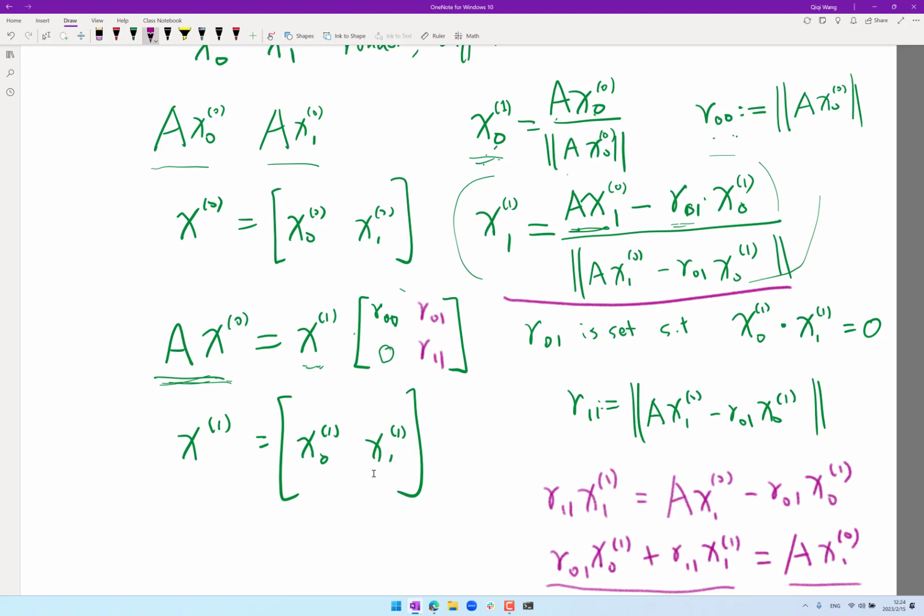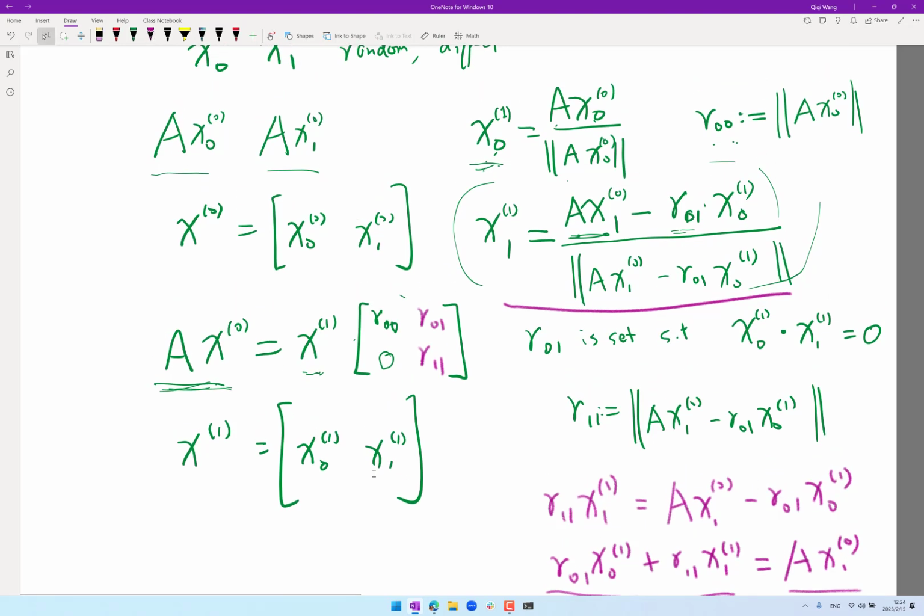Okay, yeah, thanks. So the fact that the two columns of x1 are orthonormal, right? They are orthogonal to each other and both columns have unit magnitude, means that the X1 matrix is an orthonormal matrix, right? And also this matrix is an upper triangular matrix.